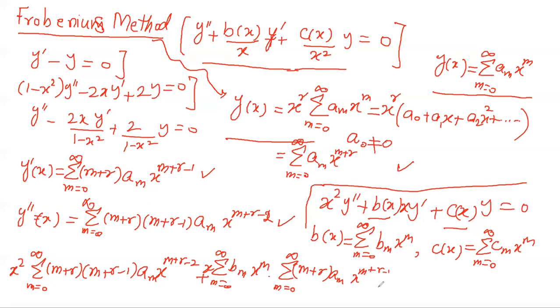Okay, and then for c of x, the sum from m equals 0 to infinity of c_m x to the power m, and then plus the sum from m equals 0 to infinity for y. It will be x to the power r, I can take it inside, so it will be a_m x to the power m plus r. Okay, and then that is equal to 0.